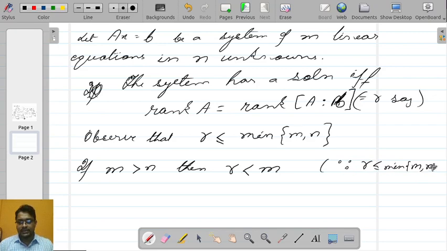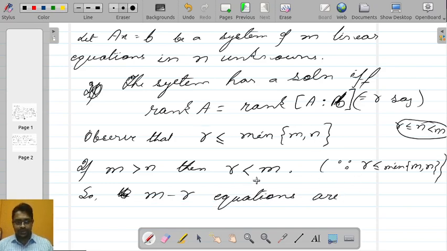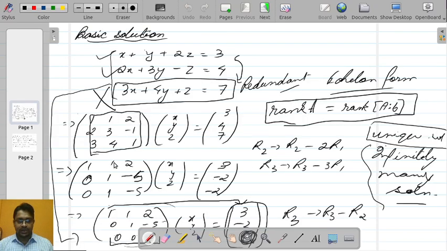R will be less than or equal to n, but n is already less than m. So R is strictly less than m. So m minus R equations are redundant. Only the first R rows will be non-zero rows. The remaining will be zero rows.